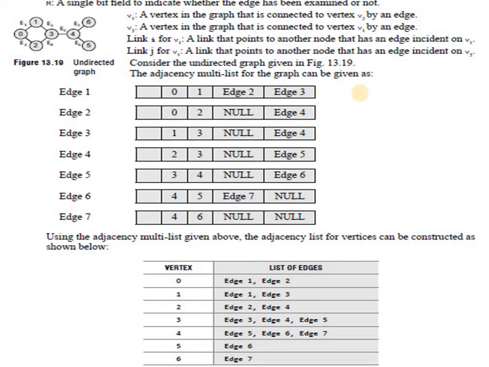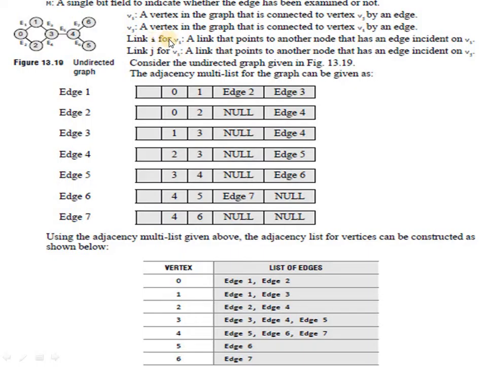Now here we have Vi and Vj. V is for vertex, and i is for the edge. Vi is a vertex in a graph that is connected to Vj by an edge. Then Vj is a vertex in a graph that is connected to Vi.